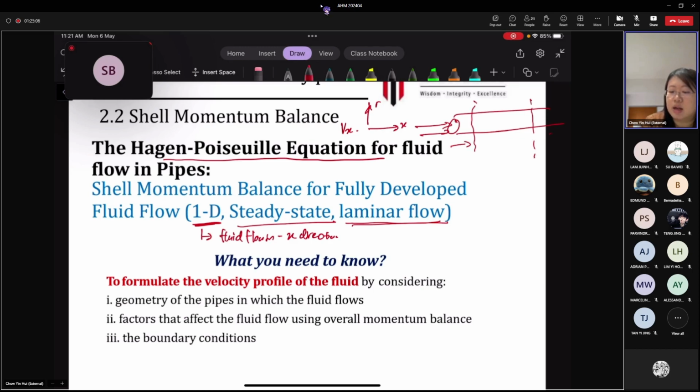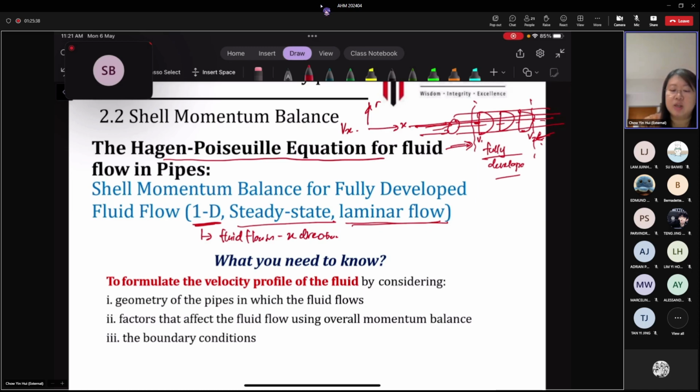In this fully developed flow region, the velocity profile will be of the same shape, because along the center line, or at any distance in the radial direction, the velocity at this region V1 equals the velocity at this part V2. That's what we call the fully developed region.